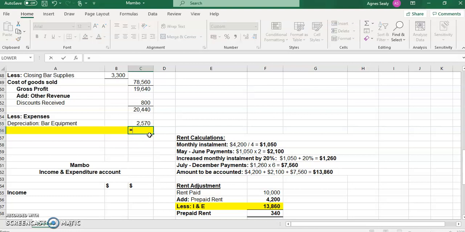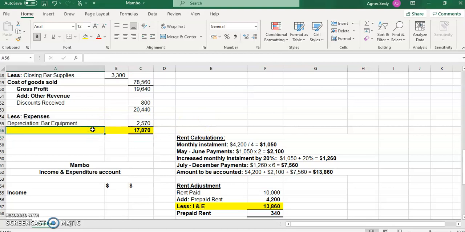So then we subtract our expenses from our revenue, $20,440 minus $2,570, and we have a bar profit of $17,870. So this will be transferred to the income and expenditure account.